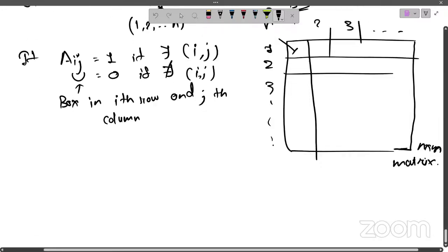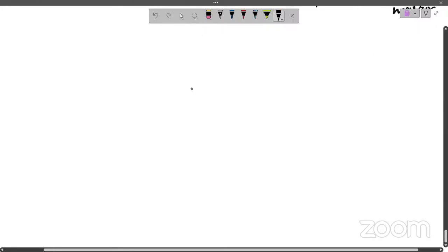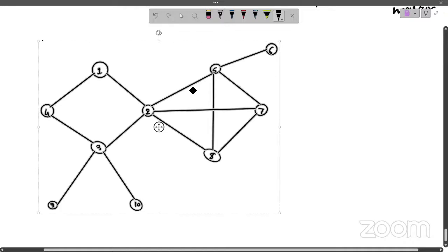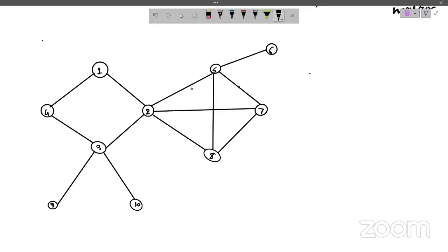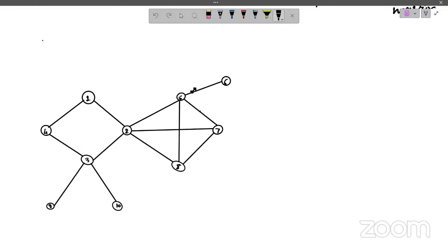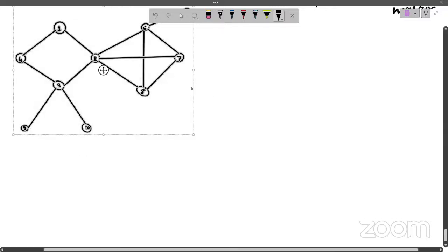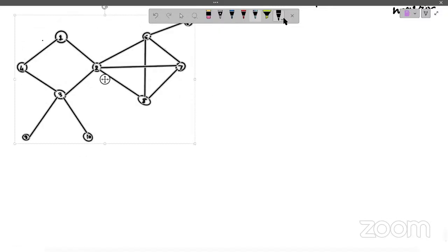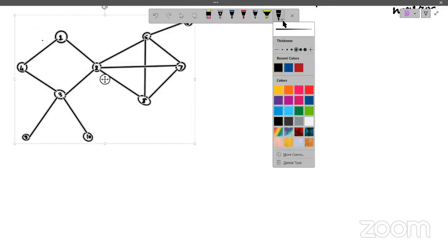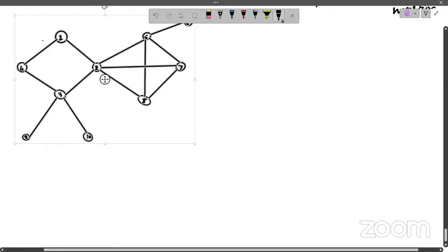I'll give an example so that it will be more clear. For example, this example itself. Here I have 10 vertices, and I have to construct a matrix for this graph. So I have to construct a 10 cross 10 matrix, because I have 10 vertices.